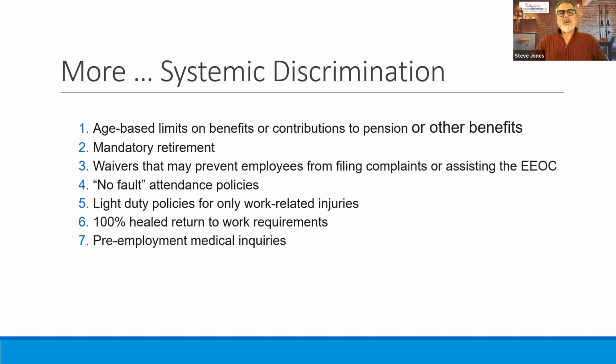And so we modify work for people. So maybe they don't do typing, but they might do some lifting. But what happens if a person didn't injure themselves at work? It's just from old age, or some other injury, or some other disability. So these start to fall into the areas of age and disability coverages, and they don't have to be tied just to work-related injuries. This could be considered systemic discrimination.